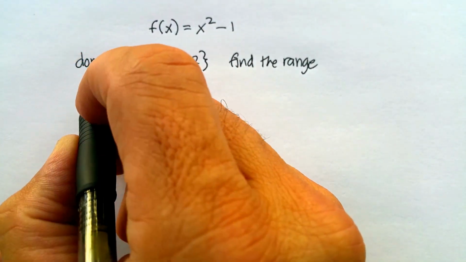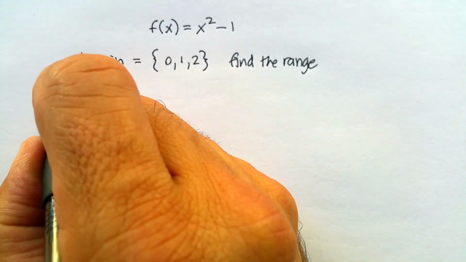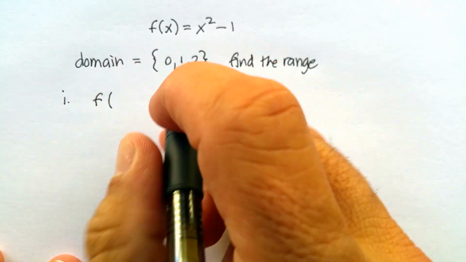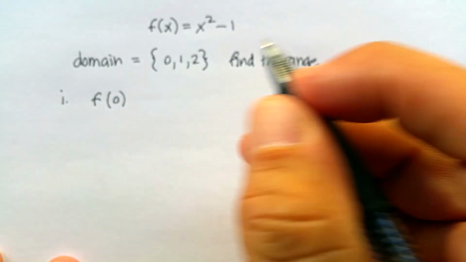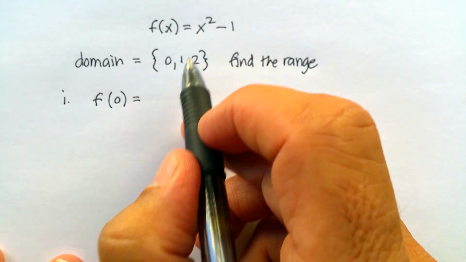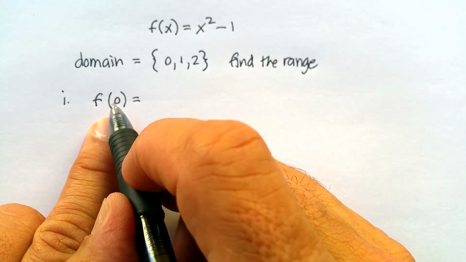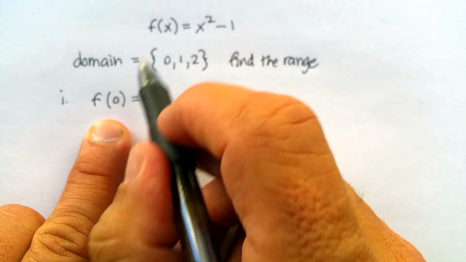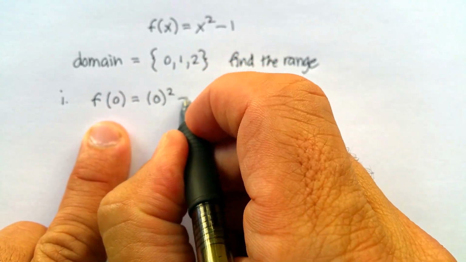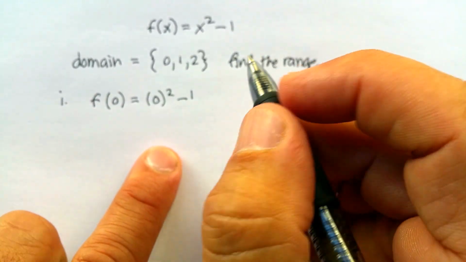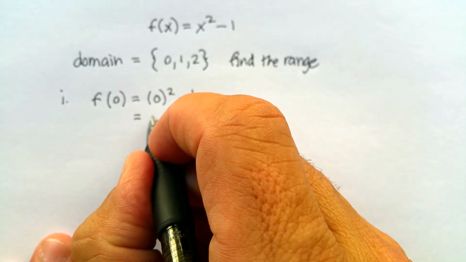So this is what I would do. I would say f, number 1, f of, let's take a number out of the domain. These are my x's, so f of 0. Wherever I see x, I'm going to put in 0. So 0 squared minus 1, because that's my function. And then I'm going to solve this.